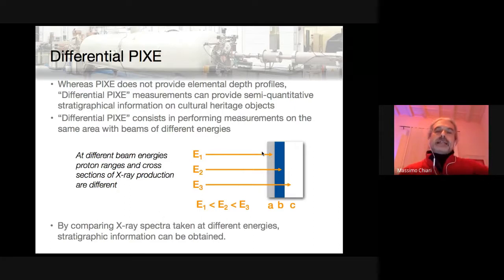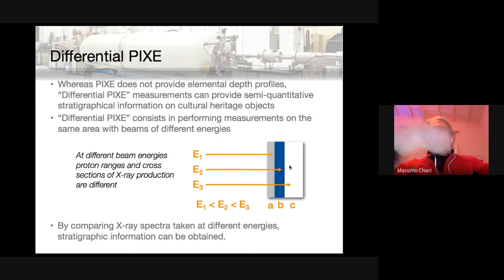So if you analyze the same point at different proton beam energies, the low energy protons can, let's say, stop in the first layer. So in the PIXE spectra you will have the elements of the first layer. You increase the energy, you punch through the first layer, and you will stop in the second layer, and then elements from the second layer appear too.